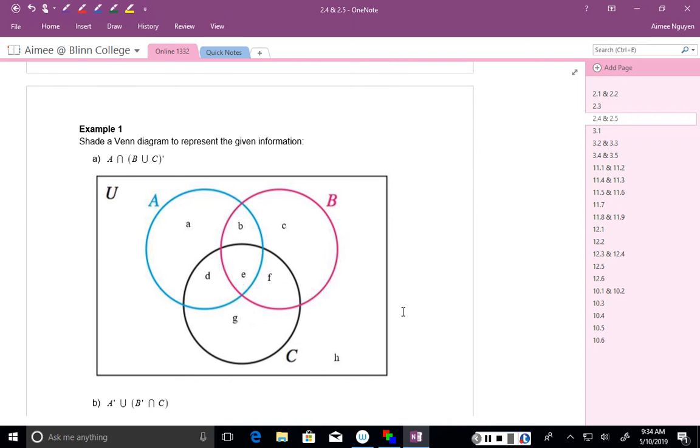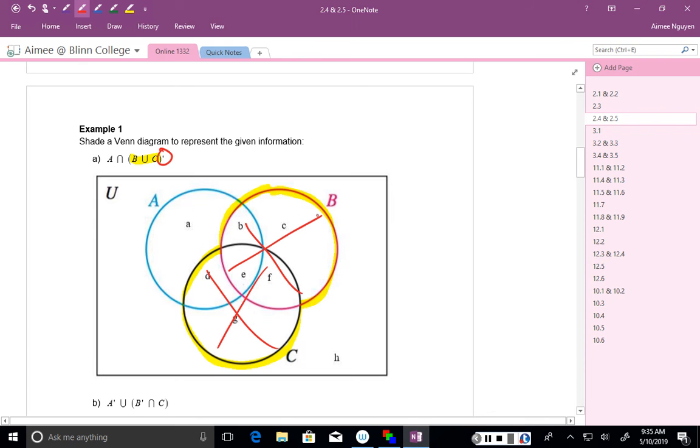So again, if you're good at this, you could say B union C. So B union C would be all of this, right? So that's the B union C. Now I want it not inside of that, right? So I want it outside of this, so not here and not here.